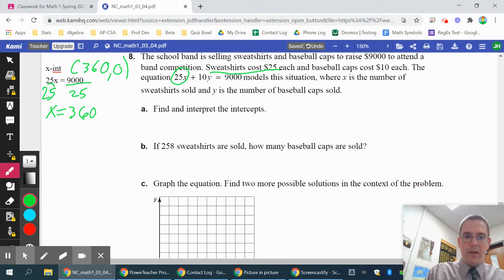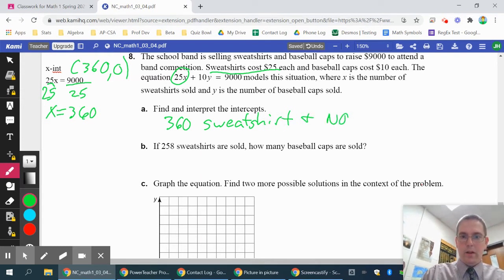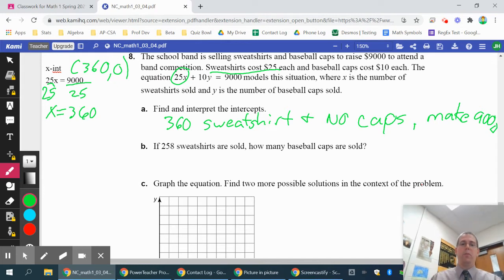That means if I sell 360 sweatshirts and no caps, I meet the goal. So I make 9,000. So one way to make $9,000 is to sell absolutely no caps, but a bunch of sweatshirts.